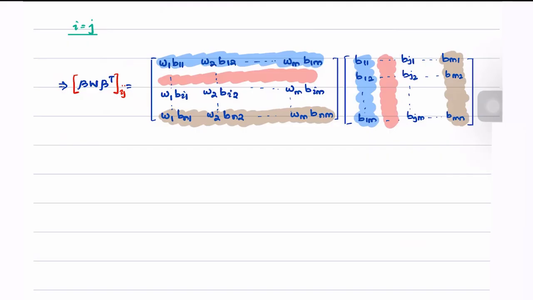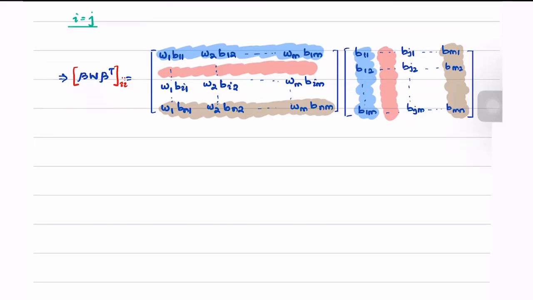Meaning in general, now we are interested in the diagonal entries. So the expression of the ith diagonal entry, B W B transpose ii, is simply equal to, we can write it for the ith row, W1 Bi1 squared plus W2 Bi2 squared going up to Wm Bim squared.